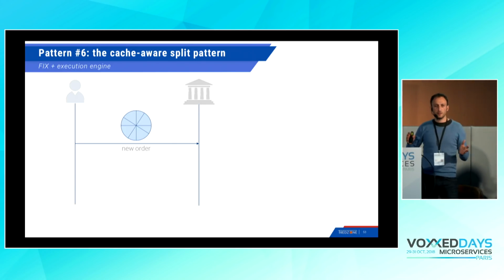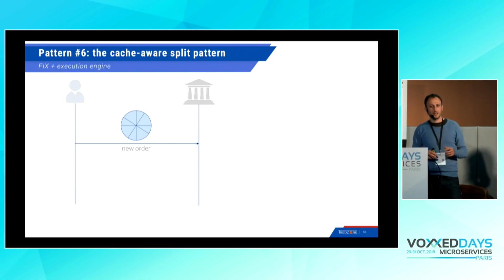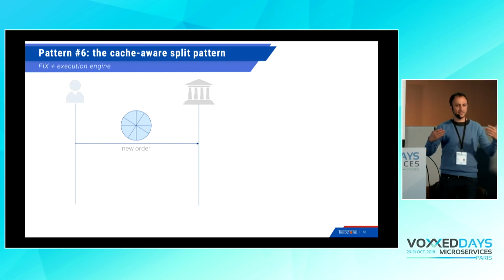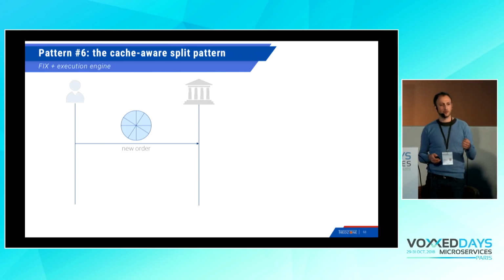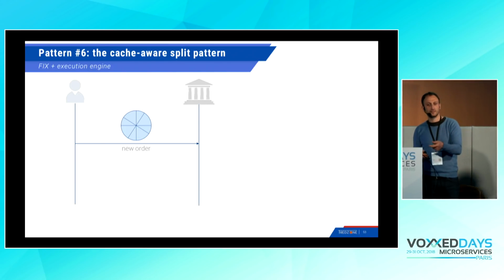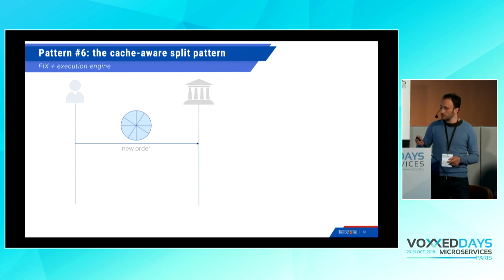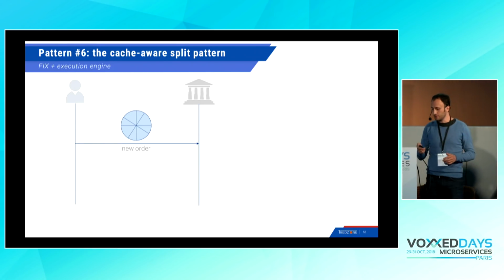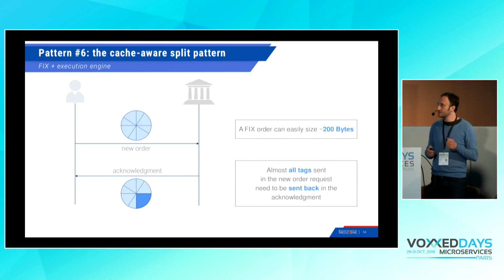In the example of a stock exchange, they receive FIX orders. An order is a buy or a sell order. So this circle actually is a big new order.